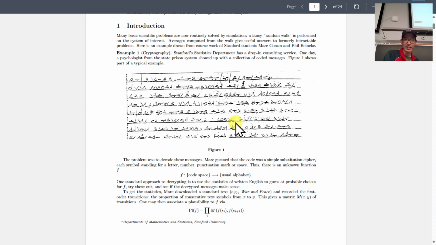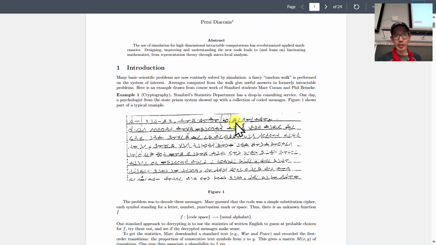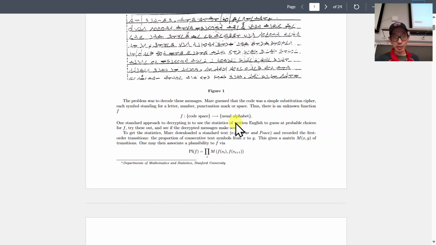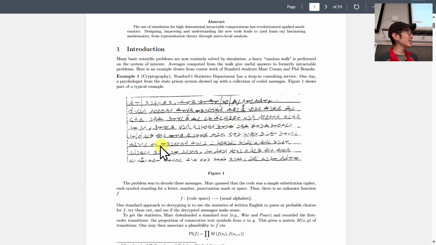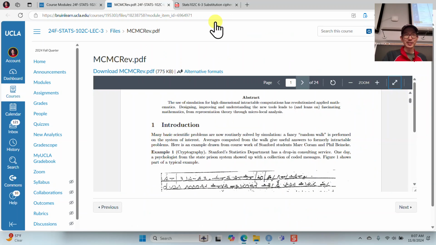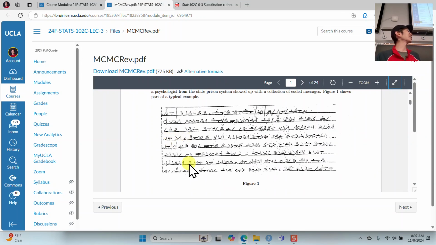In a prison or a jail, the guards had intercepted this message, and they wanted to know what the inmates were passing to one another, if they were staging some kind of activity or something like that.